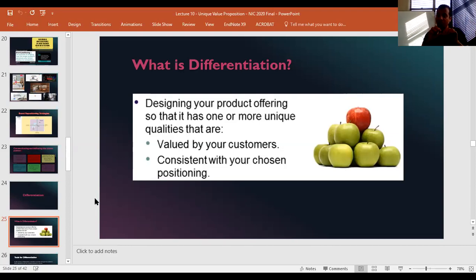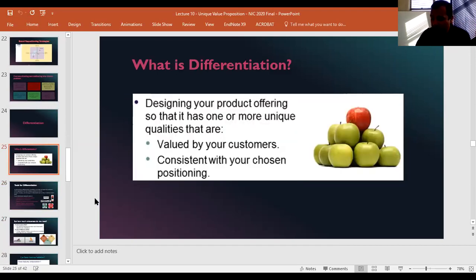All three concepts have to be consistent with each other. And if you are saying that you are differentiating on this unique parameter or unique attributes, it has to be valued by the customer. Those benefits have to look better for the customer. So it has to be valued by the customer.